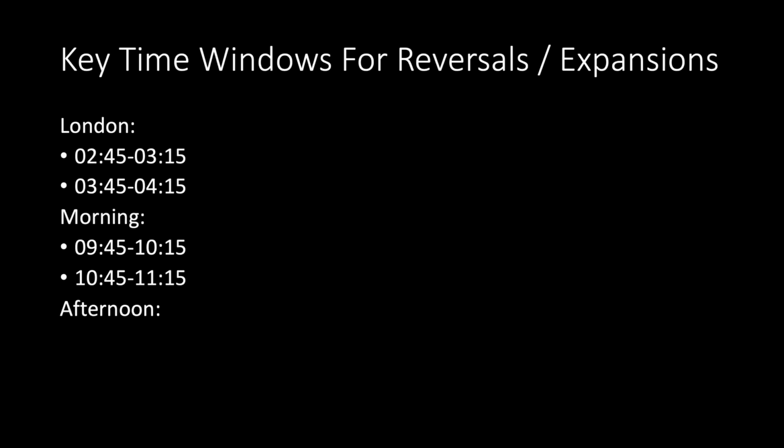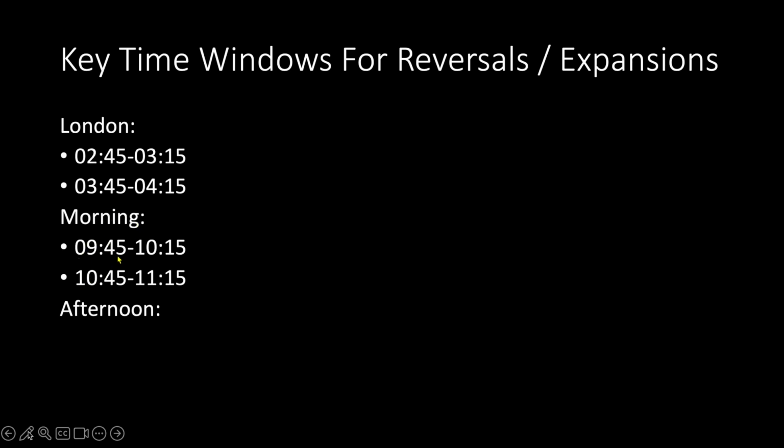With regard to environment selection, this also plays a huge role in detecting which time window is likely to be utilized for the expansion or the beginning of the expansion of that session. Because if we take a look at the 9:45 to 10:15 window, if, for example, there's a very choppy session, very choppy opening range, then the market is likely to chop around all the way into 10:30.